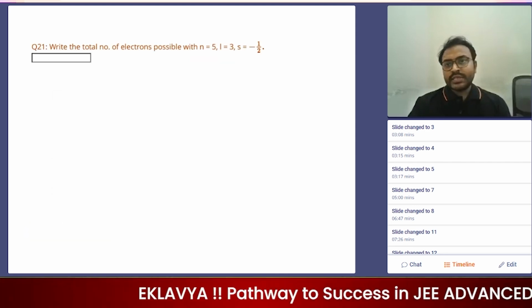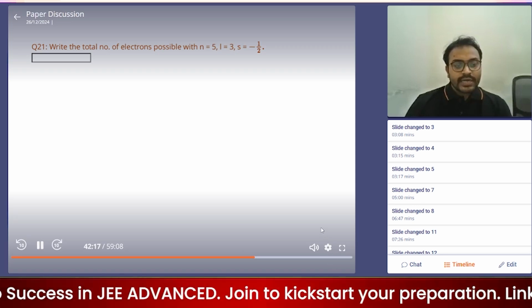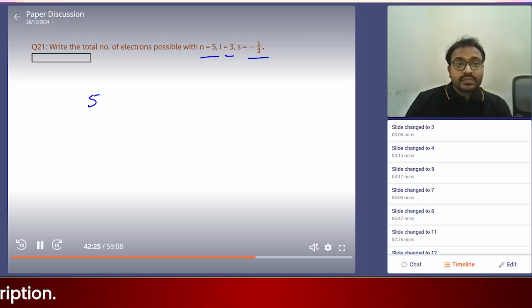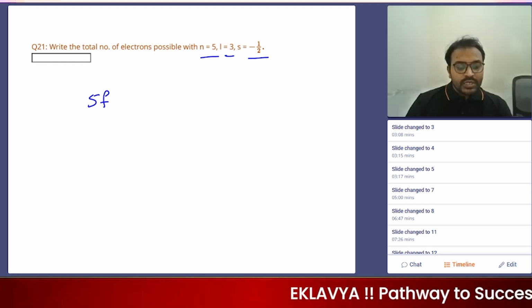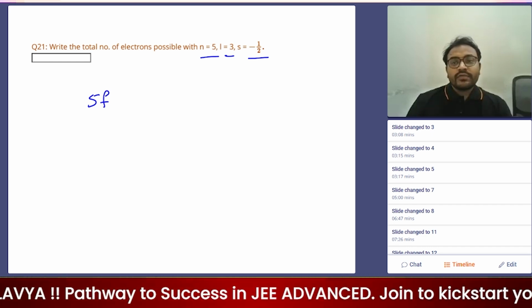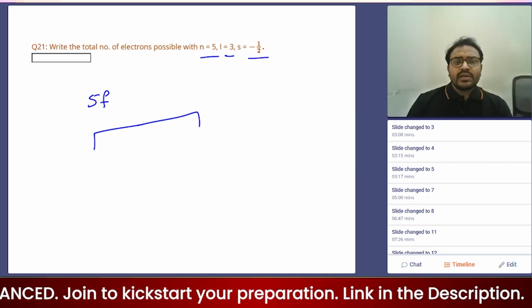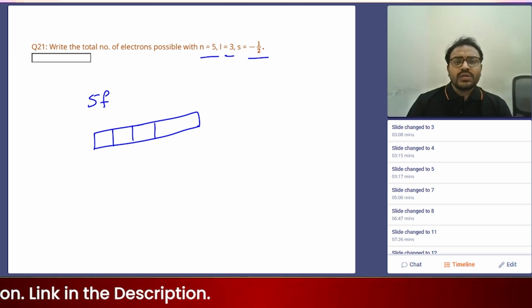Now next question is an integer type question. So next one is, write the total number of electrons possible with n equal to 5, l equal to 3, and s equal to -1/2. So n equal to 5 means principal quantum number given is 5, and l value 3 represents f orbital. So there is a 5f orbital, and we know that f subshell contains 7 orbitals.